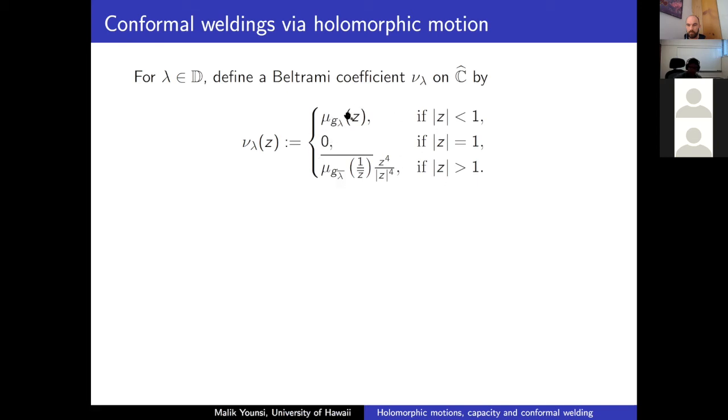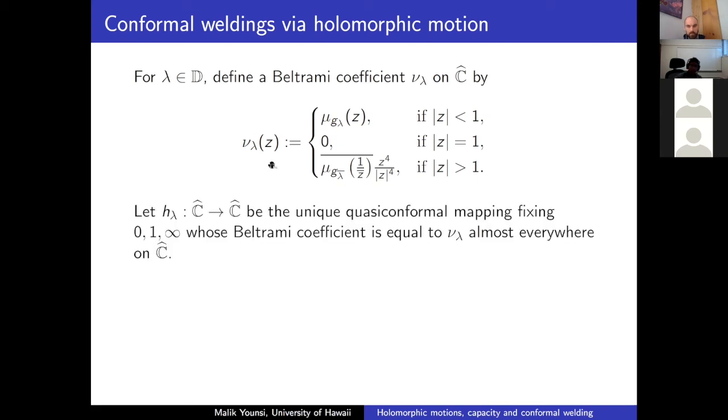So basically what you do is you take the restriction of mu, the coefficient of G lambda, to the unit disk, and then you reflect it across the unit circle, but in a sort of invariant way for the Beltrami equation. And then this is another Beltrami coefficient, so you can solve the Beltrami equation, you get a quasi-conformal mapping. It's going to be unique if you normalize it so that it fixes 0, 1, and infinity. And then the Beltrami coefficient is equal to nu lambda almost everywhere.